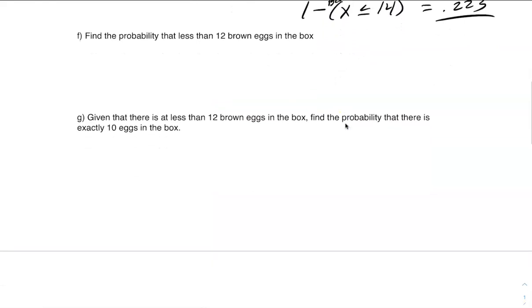Find the probability of fewer than 12 brown eggs in the box. So less than 12. Now that's almost good. It's pointing in the right direction, so I don't have to do 1 minus, but it doesn't have the equal sign, so I have to go 1 lower to get it. That's what I'm putting in my calculator. Binomial CDF, no 1 minus, since it was pointing in the right direction, it just didn't have the line.